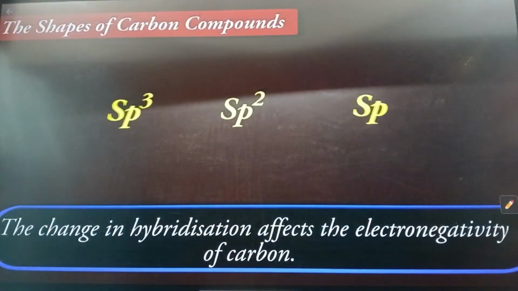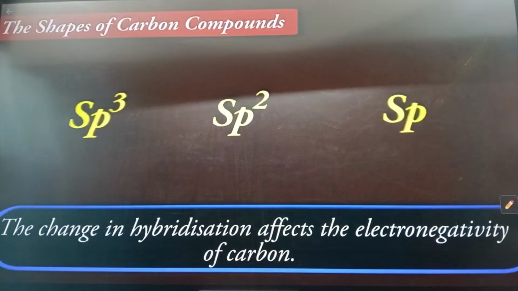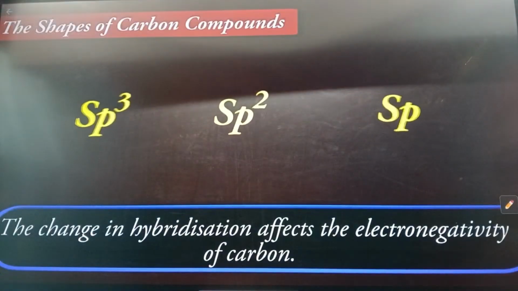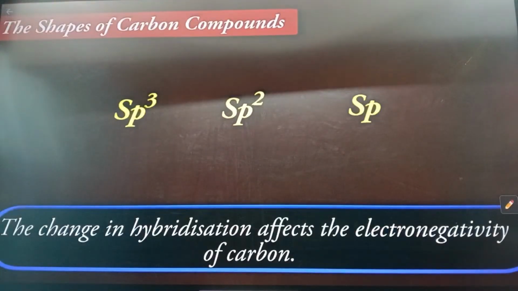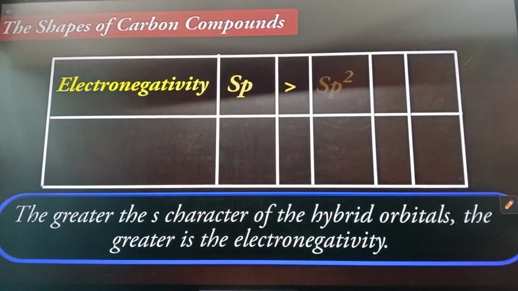The change in hybridization affects the electronegativity of carbon. The greater the s character of the hybrid orbitals, the greater is the electronegativity.